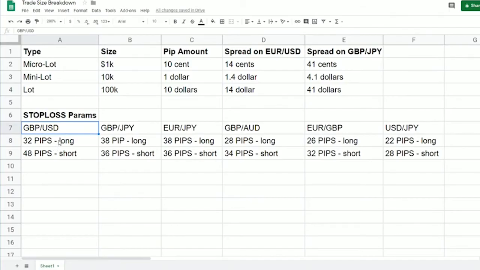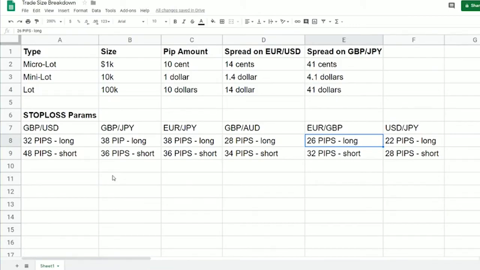That's the max. Worst case scenario, $8 per pip, right? Times how far away your stop loss is, if you're long or short. So that's how much you potentially could lose in a given trade.